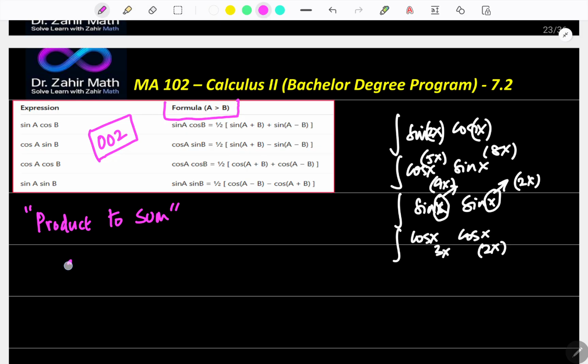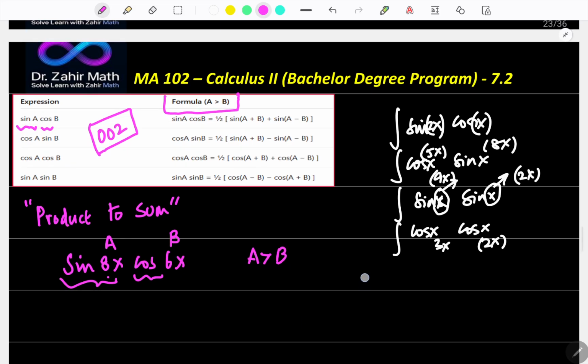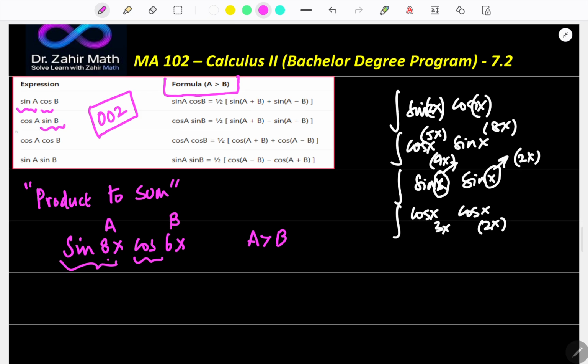For example, suppose you get a situation: sine 8x cosine 6x. Look here. It is of the model sine cosine. Where is sine cosine? Here is sine cosine. So this is angle A. This is angle B. Check angle A: 8. Check angle B: 6. So A is greater than B. Look here, sine B cosine A. This is also the same, right?